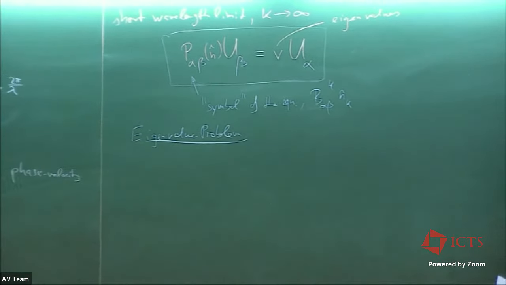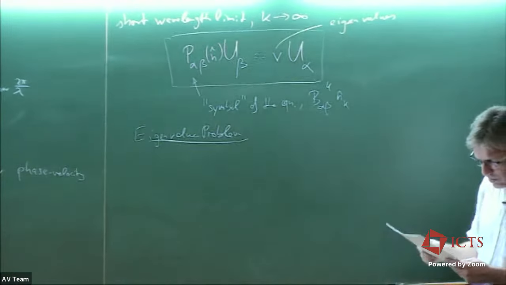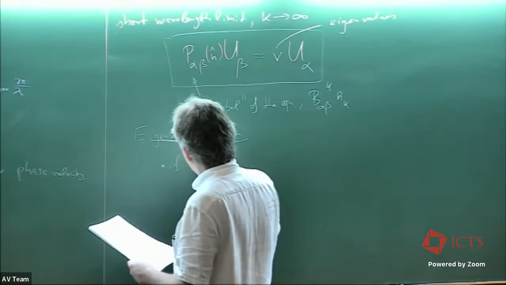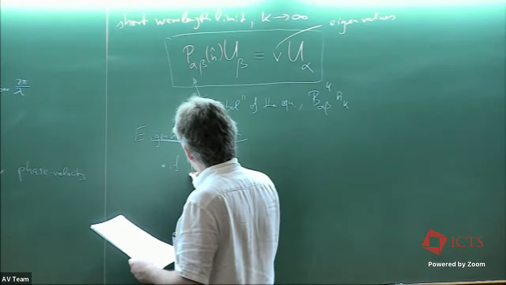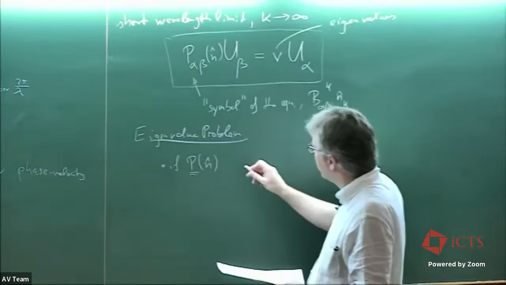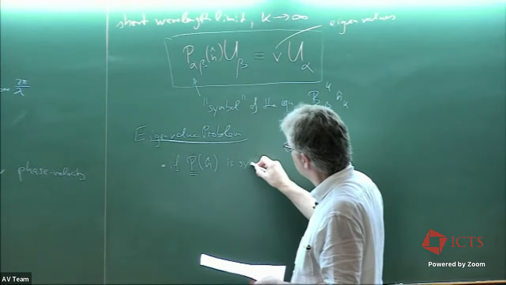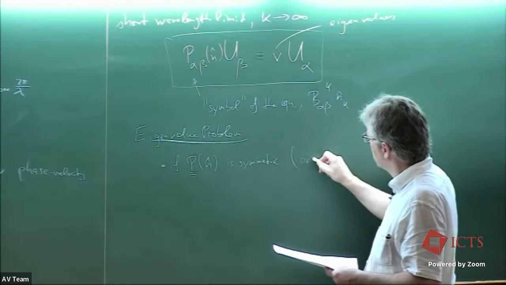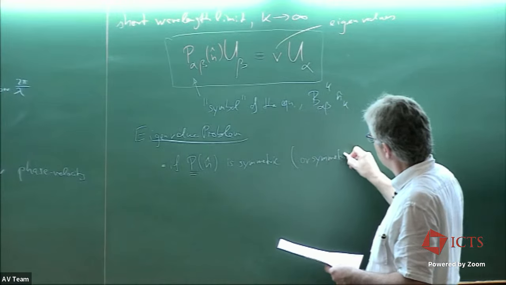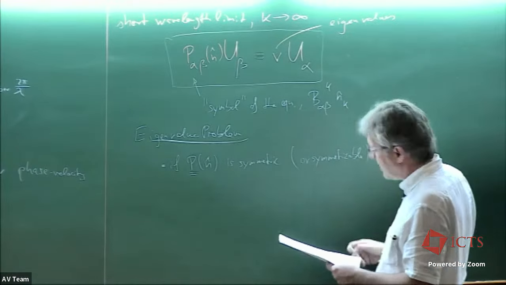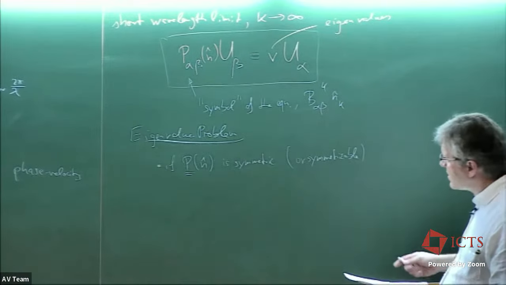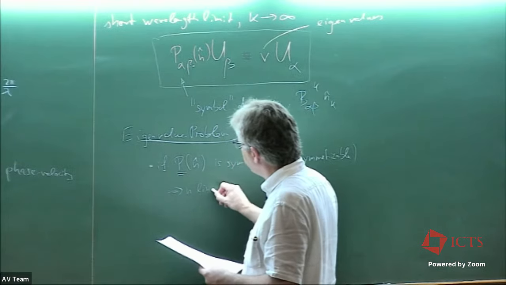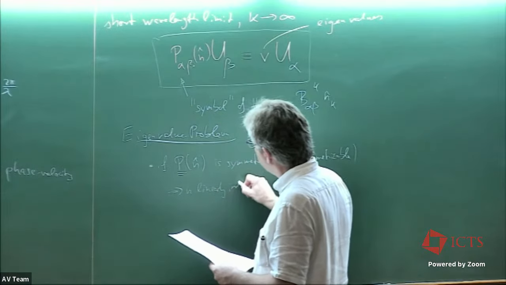Now we can think about how many solutions we're going to have here. So let's go through a few different cases. The nicest case is if our symbol is symmetric, or symmetrizable, then we have n linearly independent eigenvectors.